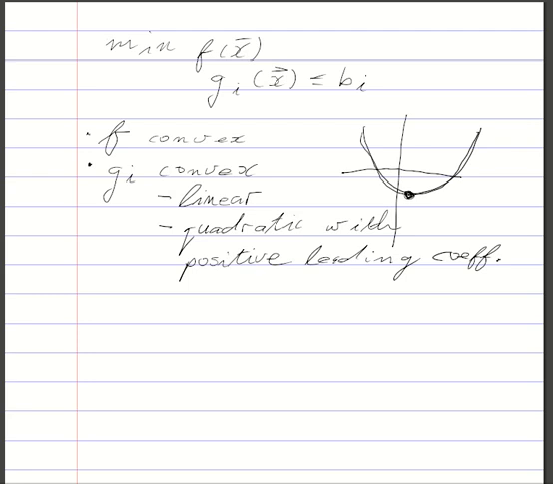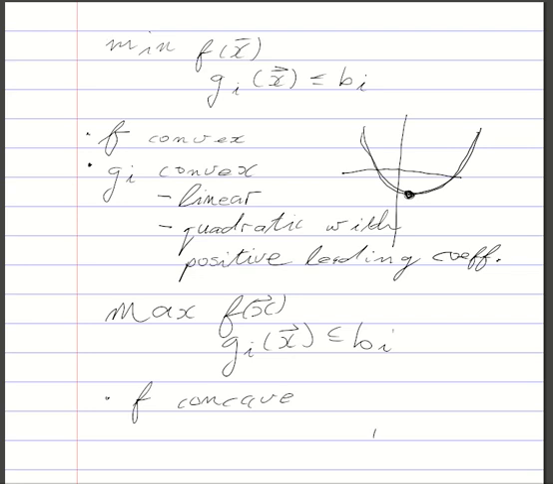Now, in exactly the same way, if you have a maximization problem with the same types of conditions, you will need to have that f is concave. In other words, that f is something which looks like this but in more dimensions.